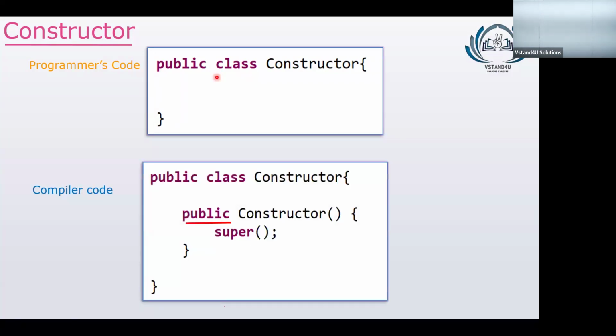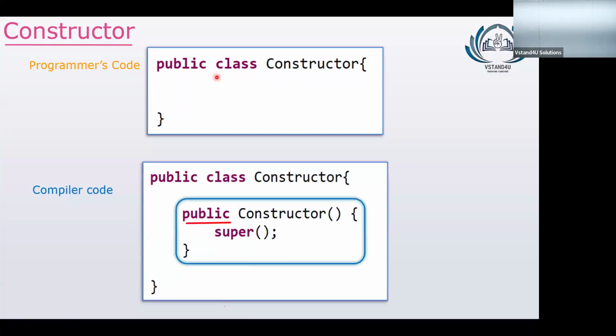Of course, it will be a public constructor, and again, the first line is a super no-arg constructor call. The only difference is, since my class is public, the compiler also adds a public constructor. That's the whole difference. Is this clear to everybody?